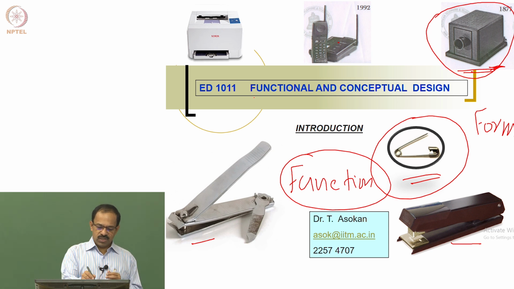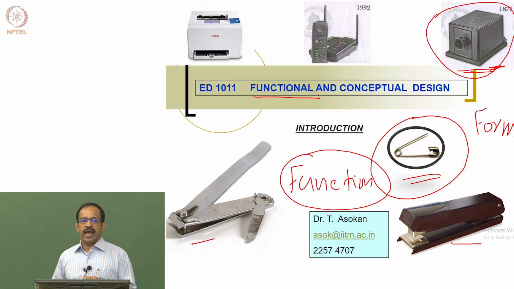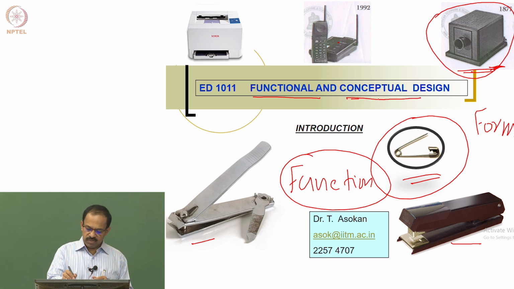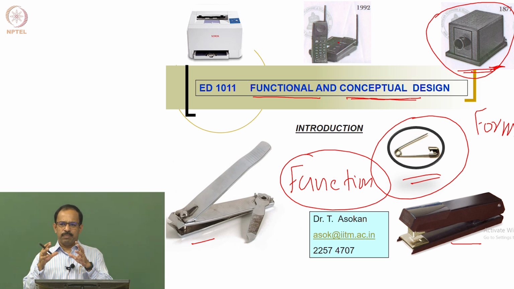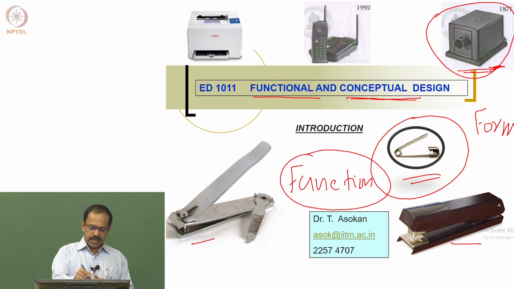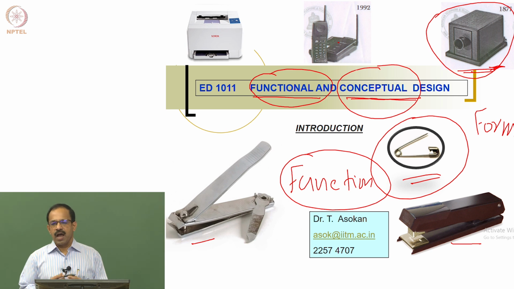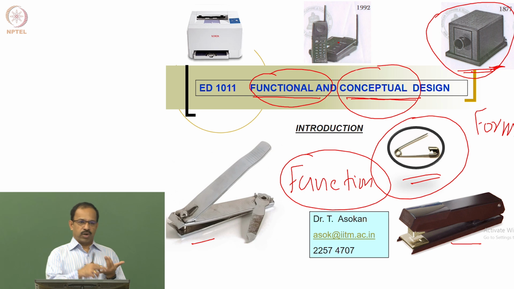So in this course, we'll be looking at the functional aspect of the product, and then the conceptual aspect. The conceptual aspect is how do we actually develop a concept or the form to satisfy the need. So we will be looking at these two aspects, and see how we understand a new product, or modifying an existing product, or coming up with a completely out of the box idea of having a new product.